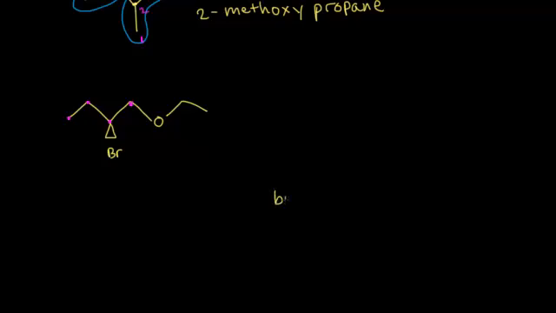So this would be butane so far. Now when I number that butane, I want to give the lowest numbers possible to my substituents. So I could start from the left or I could start from the right. And starting from the right makes more sense because I have a substituent coming off of carbon 1, I have a substituent coming off of carbon 2, and then 3 and 4, like that. All right, so if I'm thinking about those 2 substituents, let's think about how I would name them.